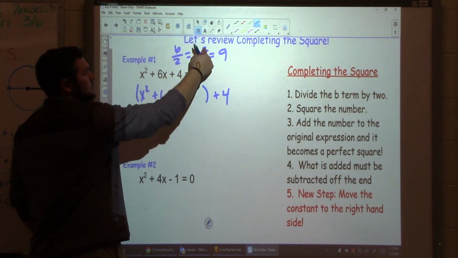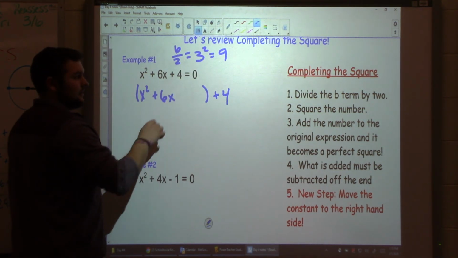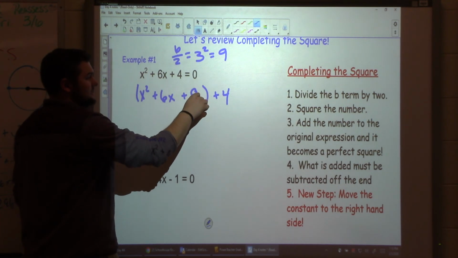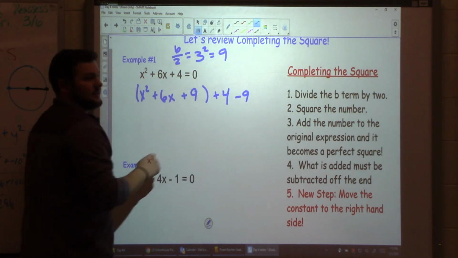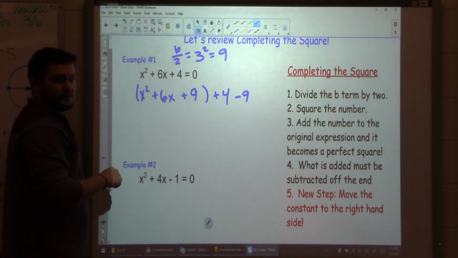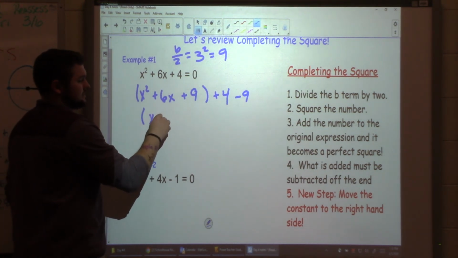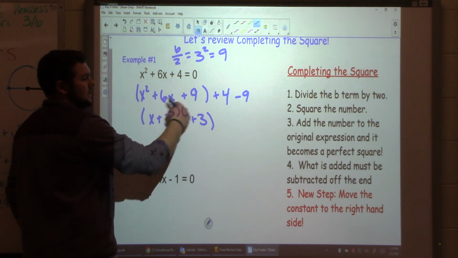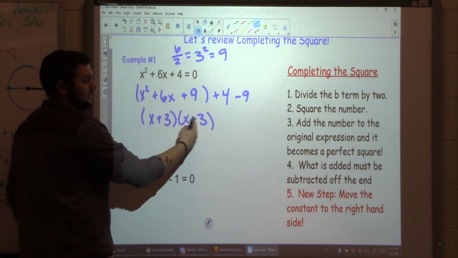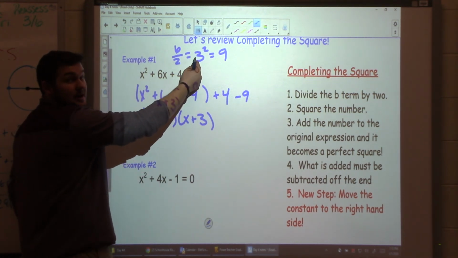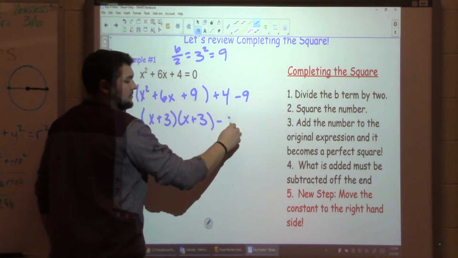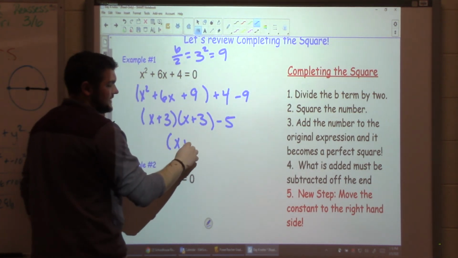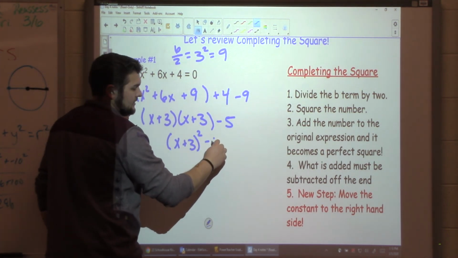So we got 3, we squared it, we got 9. And then subtract 9 from the outside. Add it on the inside, subtract it on the outside. So we get x plus 3 times x plus 3 when I factor this inside. Remember that number should be the same, and should actually be the number we get when we divide by 2.